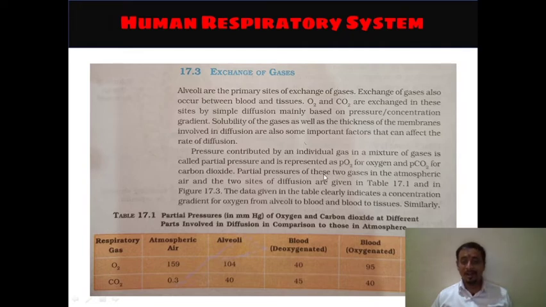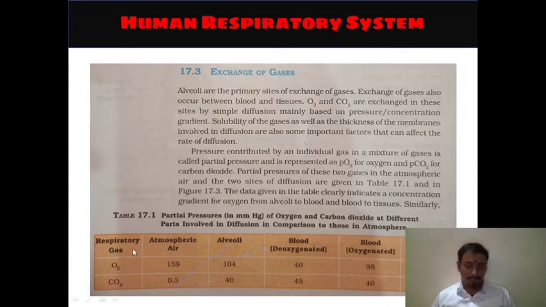Partial pressures of these two gases in the atmospheric air and the two sites of diffusion are given in the table. Okay, so let's see. The data given in the table clearly indicates a concentration gradient for oxygen from alveoli to blood and blood to tissues. Similarly, as shown in the figure. Let's see.